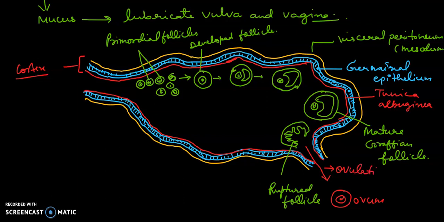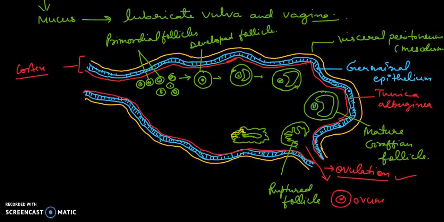The process of release of the ovum from the follicle is called ovulation. Slowly these follicles turn into a mass of tissue with a yellowish appearance.